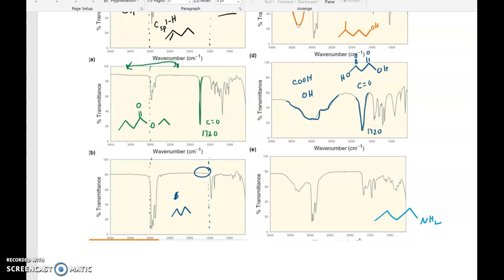We've got sp3 carbon there. We've got this interesting little hump right here with the two forks on it. It's not large enough to be the finger that we expect from a hydroxyl group, but it's got two humps in it, and that makes it a primary amine.